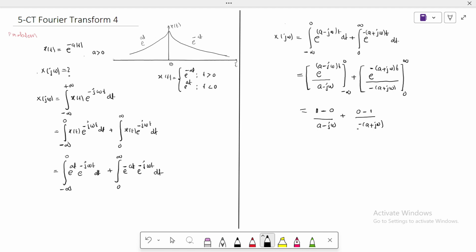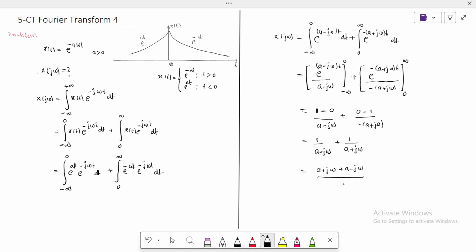The minus signs cancel, so we get 1 by (a minus j omega) plus 1 by (a plus j omega). Taking the common denominator, the numerator is (a plus j omega) plus (a minus j omega).